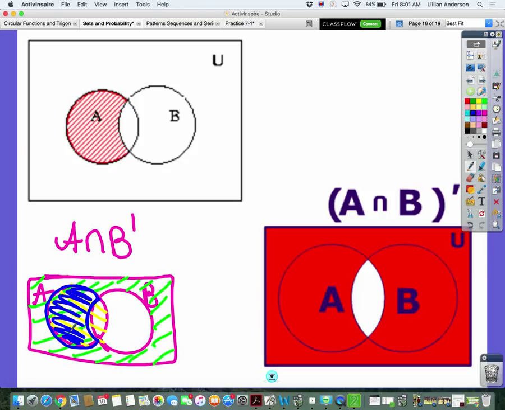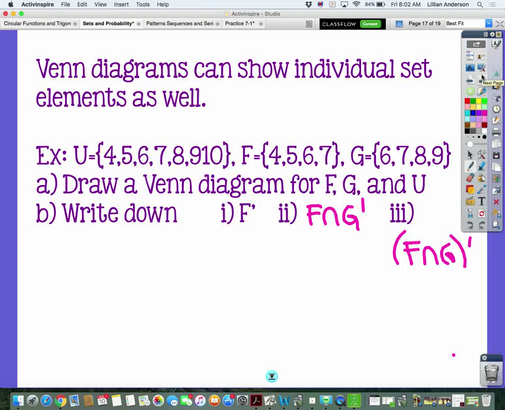Over here in the red, this is an example of everything but the intersection of A and B. Remember, the intersection of A and B is what they had in common, that little inside part. So it's everything that's not in that intersection, which is everything else. We're going to practice this, okay?